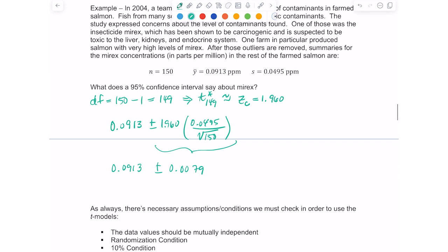So I'm going to do 0.0913 minus 0.0079. And I get, for my lower bound, 0.0834. And then if I change that to 0.0913 plus 0.0079, for my upper bound, I get 0.0992.